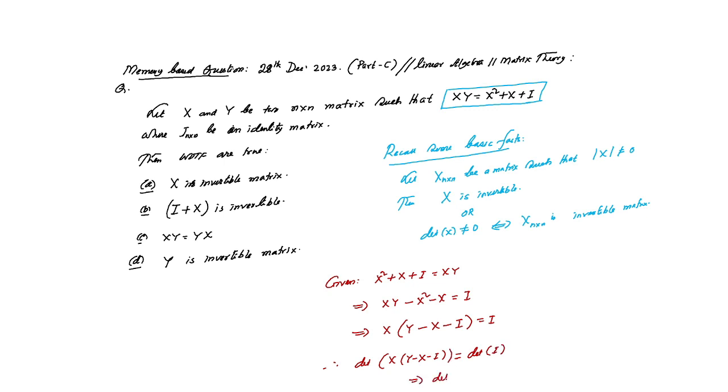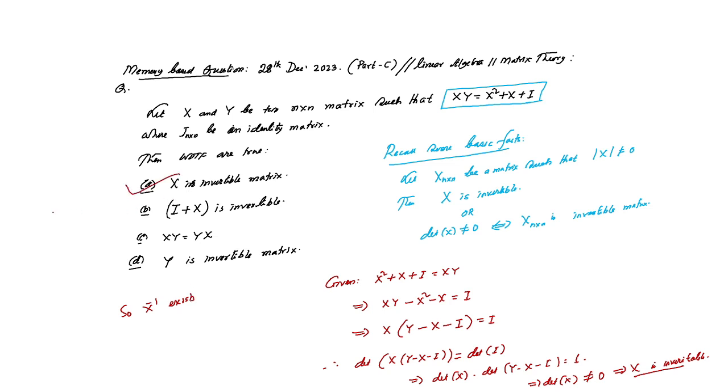So that means det of X into det of (Y minus X minus I) equals 1. So the determinant of X is non-zero and hence we can say X is invertible. By the above fact, X inverse exists, and hence option A is correct.